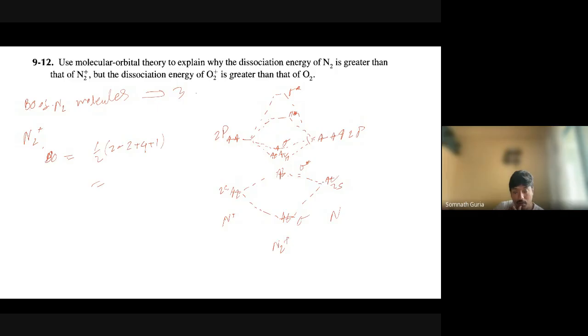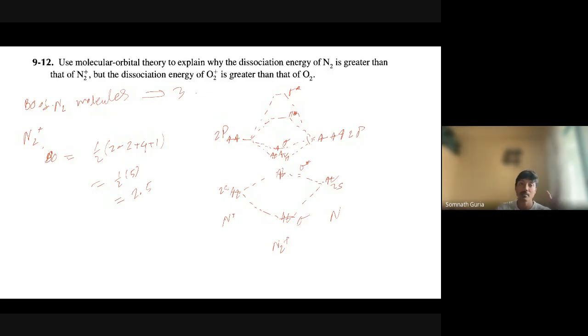So here it will be half of 5, that will be 2.5. So the bond order of the nitrogen molecule is 3, and the bond order of N2 plus is 2.5.